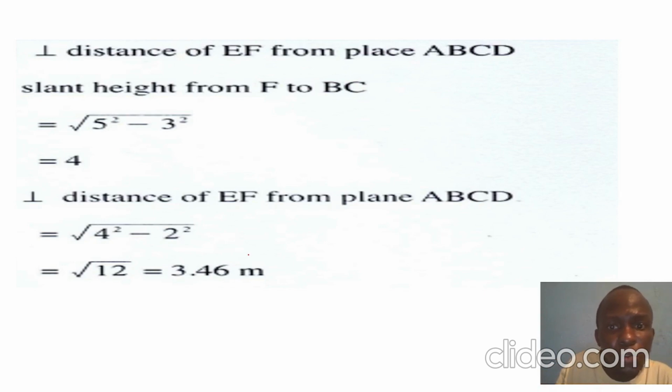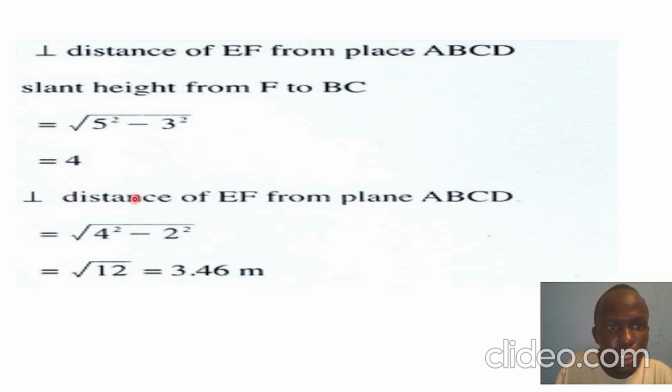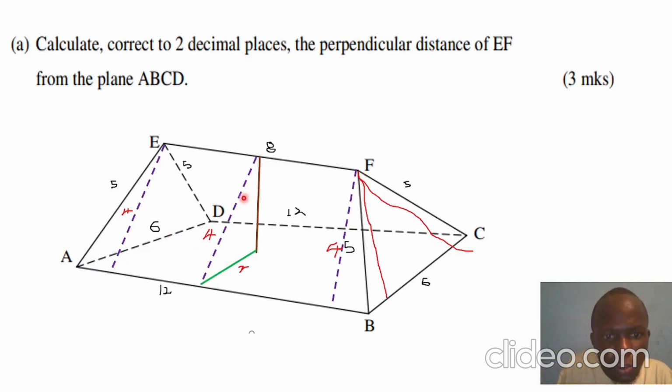So the distance of EF from plane ABCD is the square root of 4 squared minus 2 squared. Once again, this 4 is the longer side and this 2 is the shorter side. We want another shorter side. So how do we achieve that?